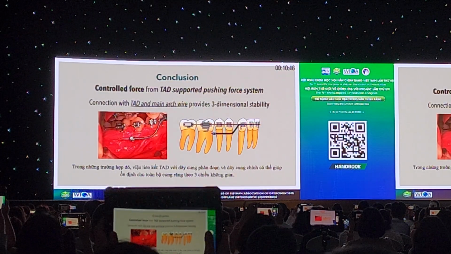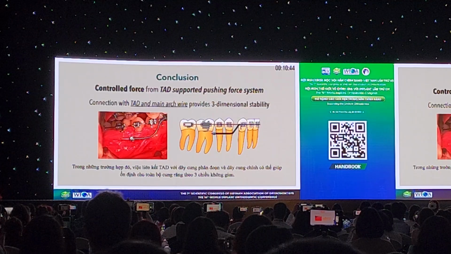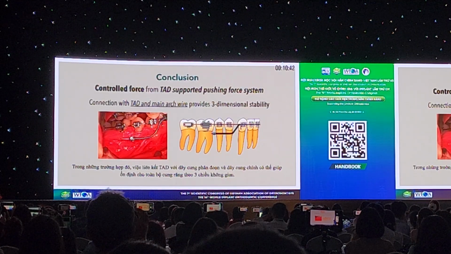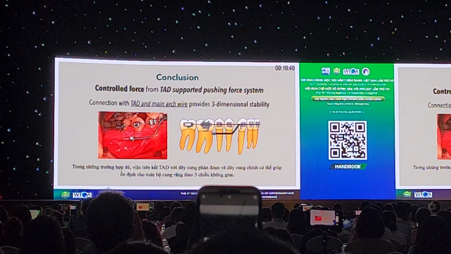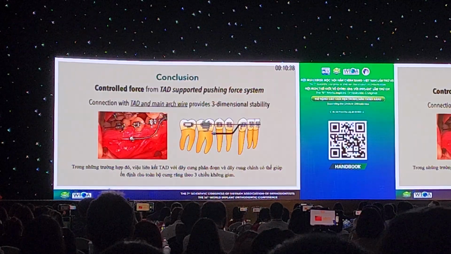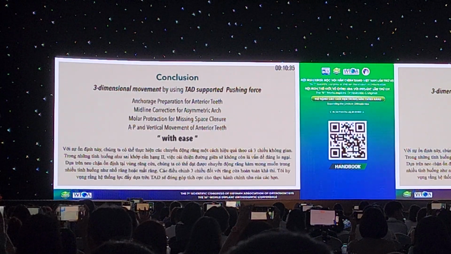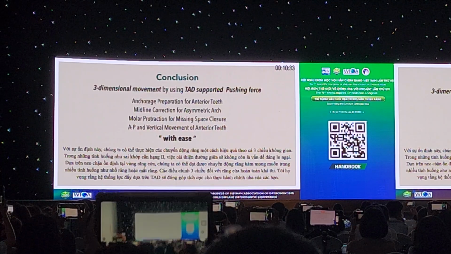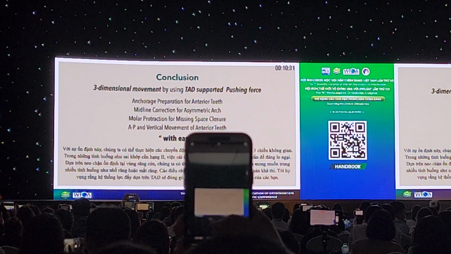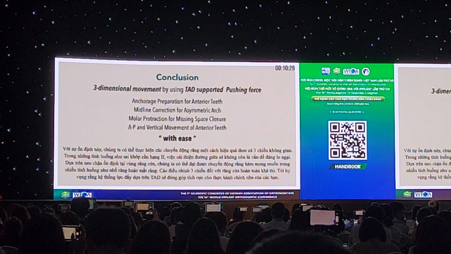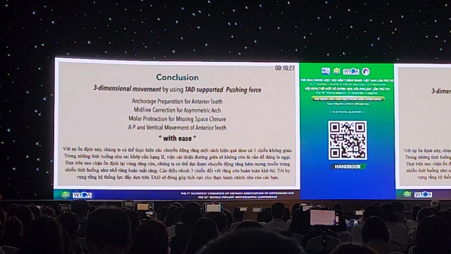Connecting the TAD with the sectional arch wire to the main arch wire can provide three-dimensional stability to the dental arch. With this stability, we can achieve three-dimensional tooth movement in situations such as crowded tooth subdivision. Improving the midline need not be a concern.